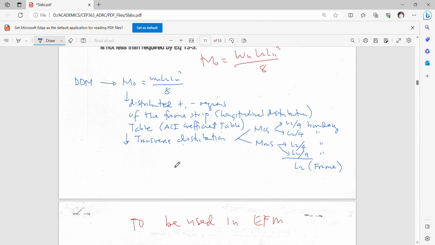Moreover, your MCS will be divided into a beam part, MB, and a slab part. Your MB is defined on the basis of the beam plus the projection, as I discussed in my first lecture, while the slab is the remaining part.